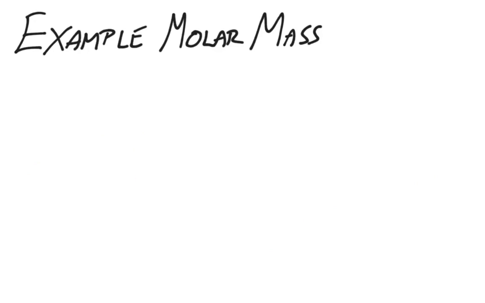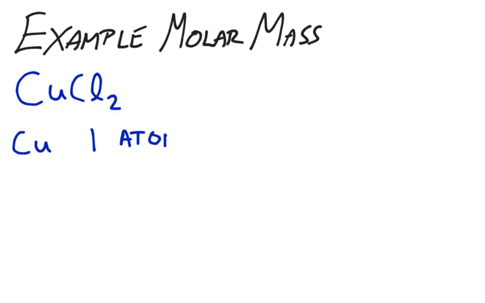So let's do an example right now. If I had the compound CuCl2 and I wanted to find the molar mass, I would say, okay, I have one copper atom and I would multiply it by the atomic mass of copper. Now copper is actually 63.546.